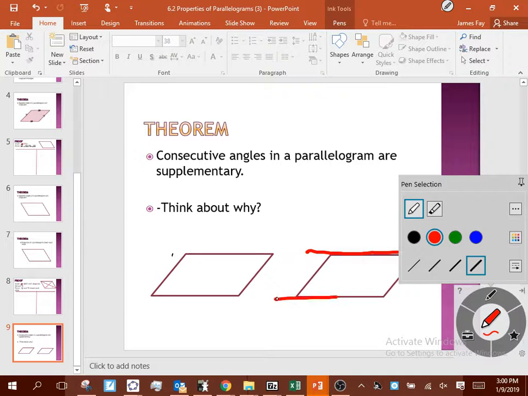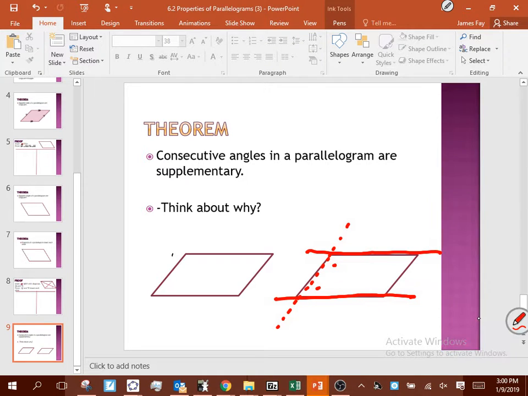So that line and that line are parallel, and that would be a transversal, right? So is that angle there and that angle there supplementary? All right, so supplementary, supplementary. And then for the same reason, these two over here are supplementary. Does that make sense, everybody?